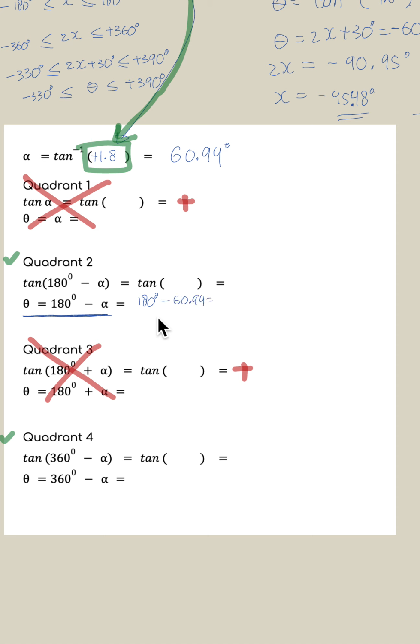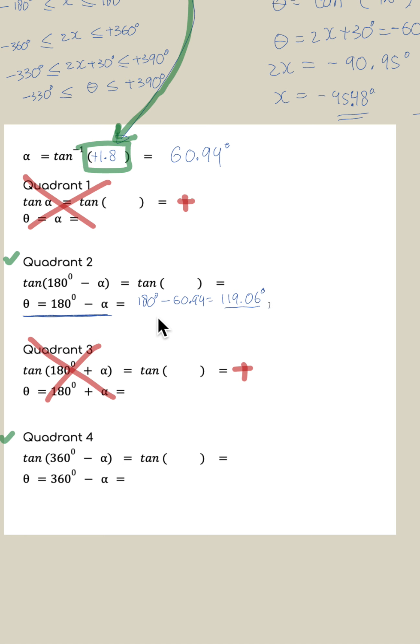Then we just press the calculator, 180 minus 60.94, which is 119.06 degree. Okay, so this is one of the answers.